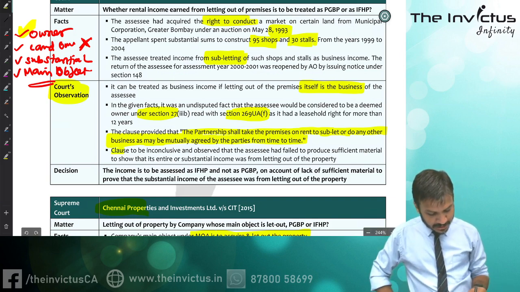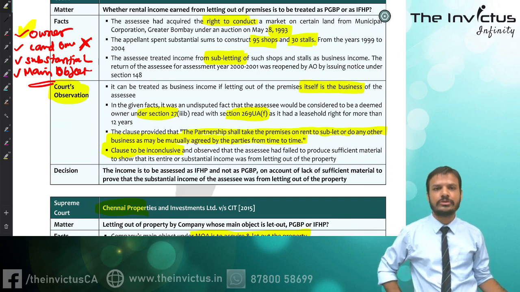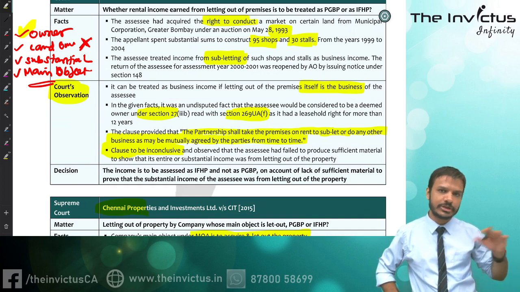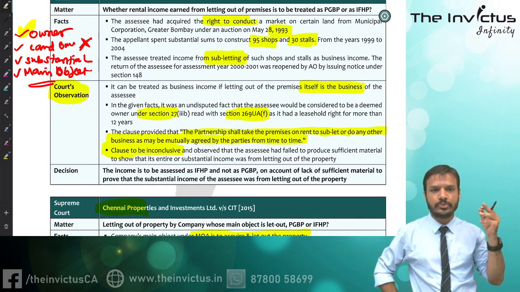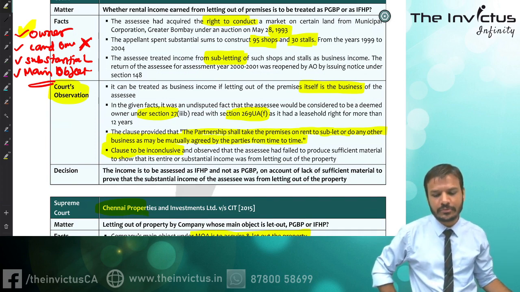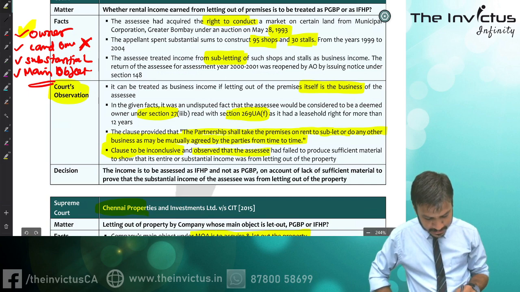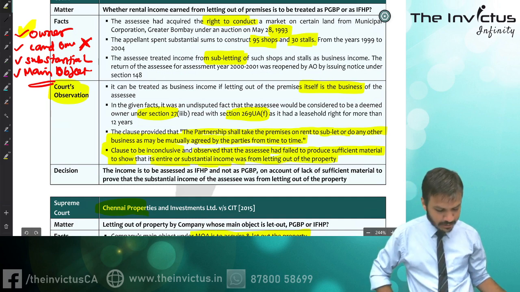According to the court, the clause is inconclusive. The court is not able to draw any conclusion from that particular clause to prove whether it is the substantial income of a business or not. It observed that the assessee had failed to produce sufficient material to show that the entire or substantial income was from letting out of the property.